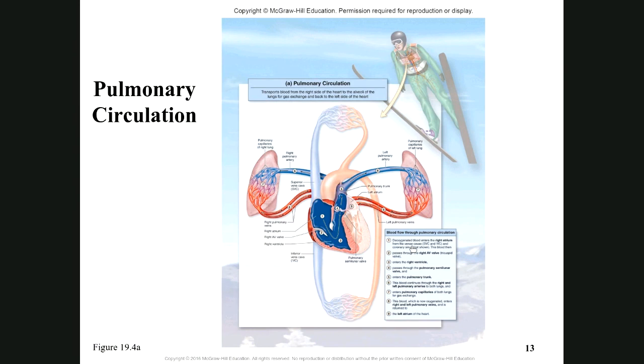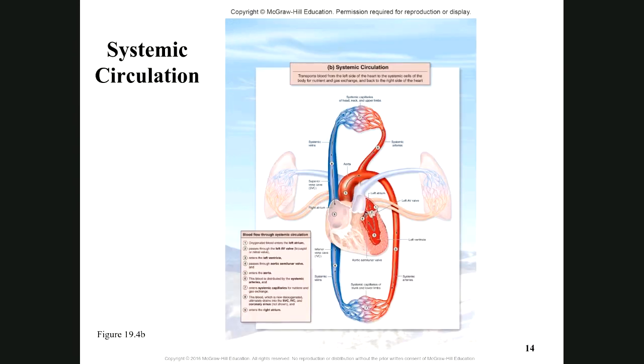Now, the oxygenated blood comes to our left atrium, and we want to talk about the systemic circulation. In the systemic circulation, we start from our left atrium. Then the blood passes through the left AV valve or mitral valve. Then it comes down to the left ventricle.